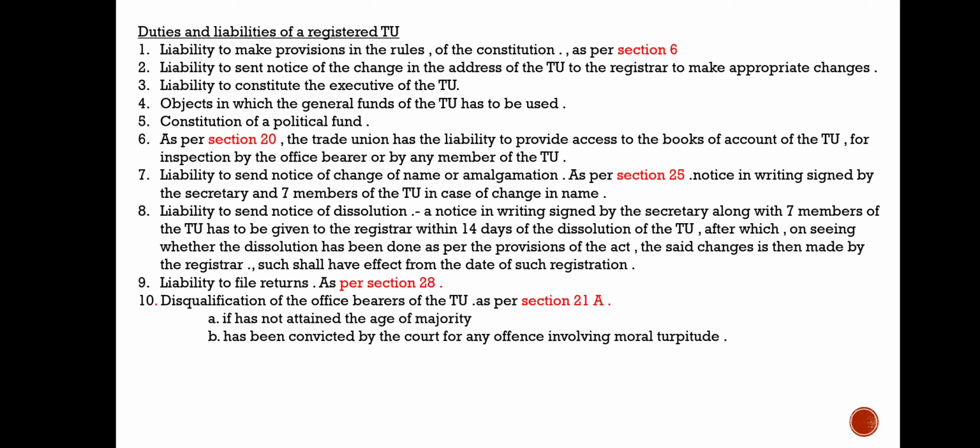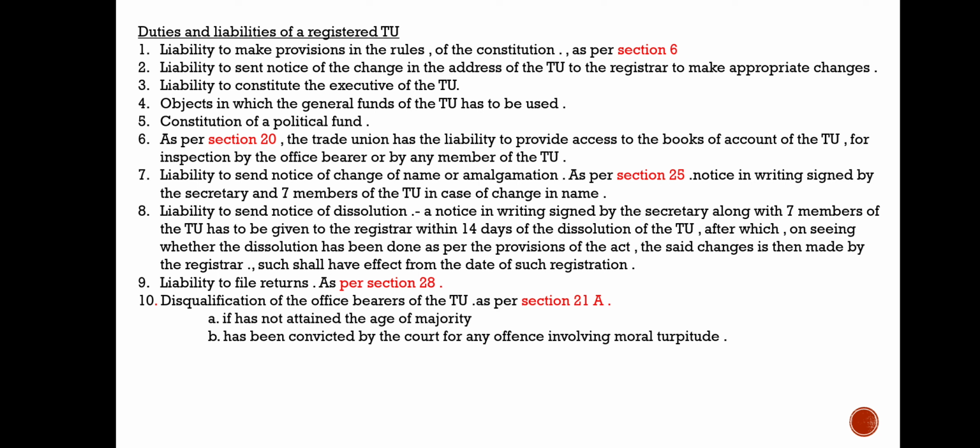The next one is, as per section 12, it is a liability of a trade union to send details to the registrar if there is any change in the address of the head office. Moving on, that is the liability to send notice of the address of the trade union to the registrar to make appropriate changes. We have already seen that. And the next one is the liability to constitute the executive of the trade union. That is, there will be a president, vice president.